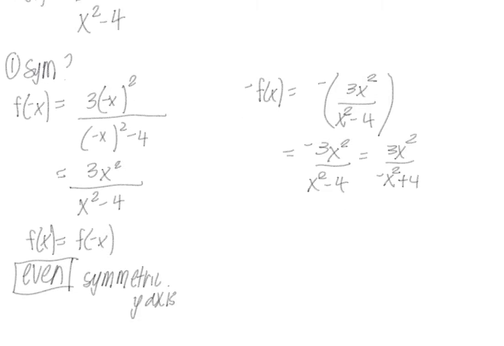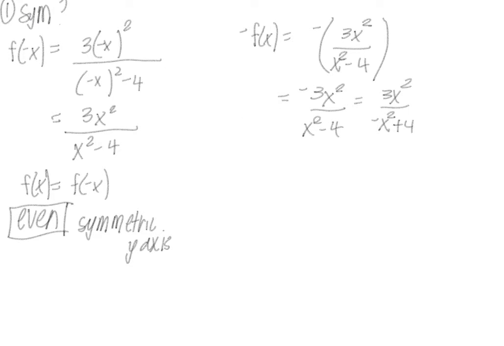And in order for it to be odd or symmetric about the origin, your f of negative x would need to be equal to negative f of x. Well, neither of these are equal to this, which f of negative x in this case is equal to f of x, okay?